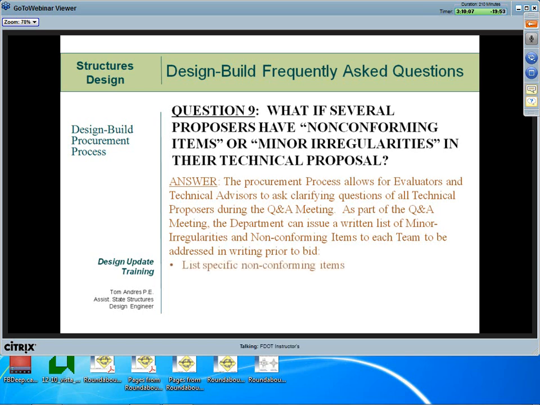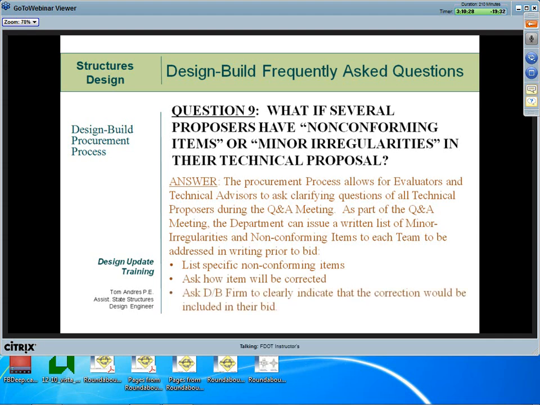As part of the Q&A meeting, the department can issue a written list of minor irregularities and non-conforming items to each team to address in writing prior to bid. The design build firm has to respond in writing indicating how each item will be corrected, and has to clearly indicate that the correction will be included in the bid.